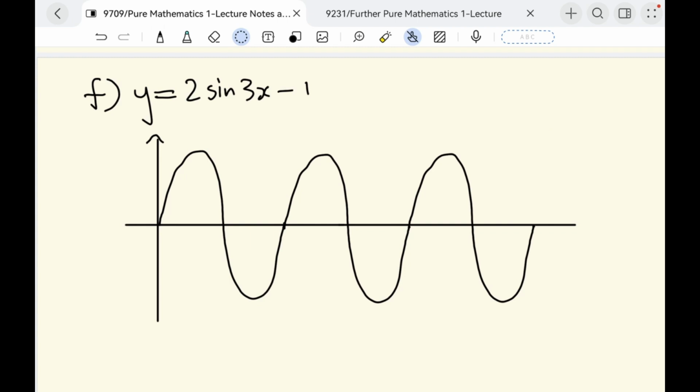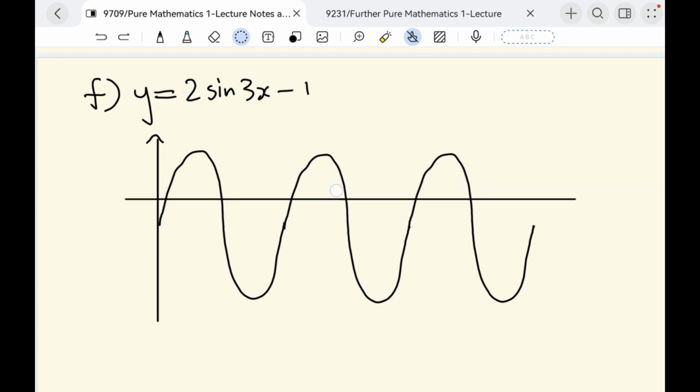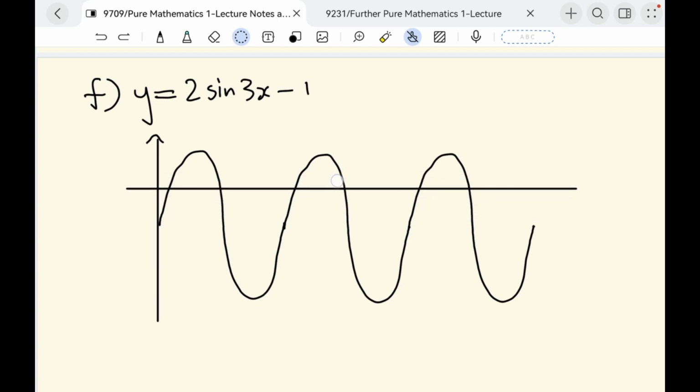Okay. And then it moves downwards by -1. So which means that its graph should look like this, where this is 1, because after the maximum and minimum values are stretched by 2, multiplied by 2, and then -1.